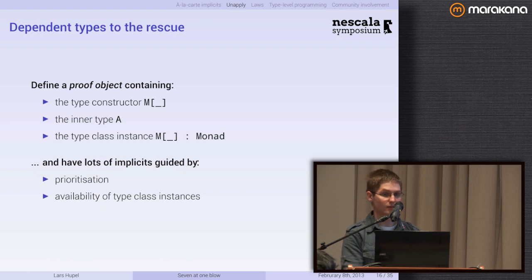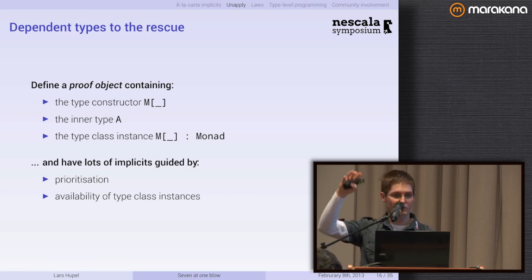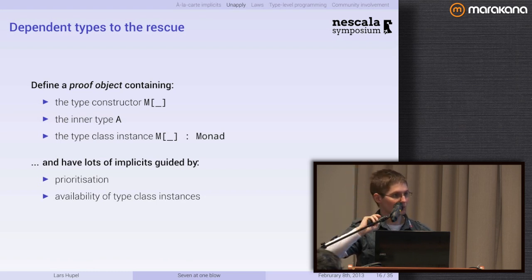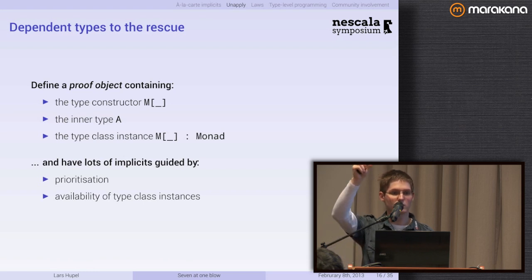And now we have to resolve those ambiguities, and we do that by the usual mechanism of prioritization. If you have a hierarchy of classes or traits or whatever, and you define implicits in all those traits, and now you ask for an implicit value, and multiple of those implicits would qualify, then the compiler always chooses the one which is at the bottom of this hierarchy. So that's one mechanism.